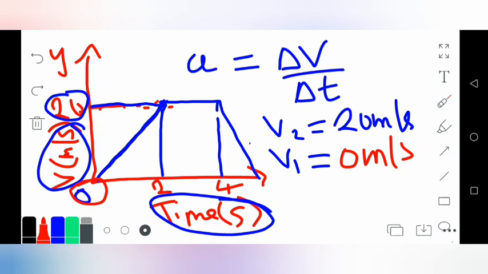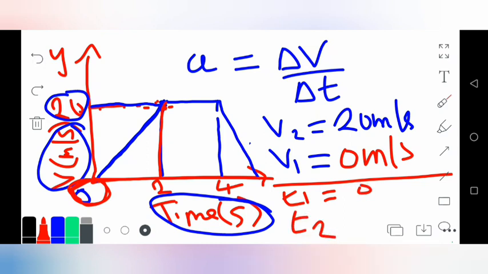And what about time? For time, we have T1, the starting time. As you look along the x-axis, from this point, which is 0, up to this point, it reaches 2. So the starting time is 0 seconds, and the final time it reached when it moved at 20 meters per second is 2 seconds. Those are the key concepts you need to understand.